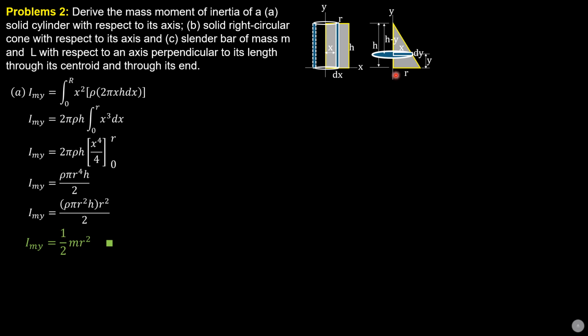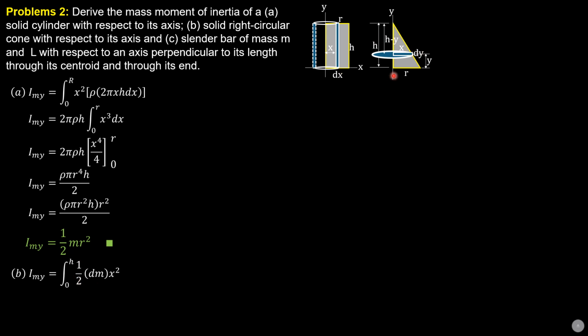So 1/2, the mass is the density times the differential volume, which is pi x squared, the radius is x, times thickness dy. Then 1/2 integral of differential mass, then radius squared is still x squared. So IMY equals integral from 0 to h, y is the variable here, of 1/2 differential mass times radius squared.